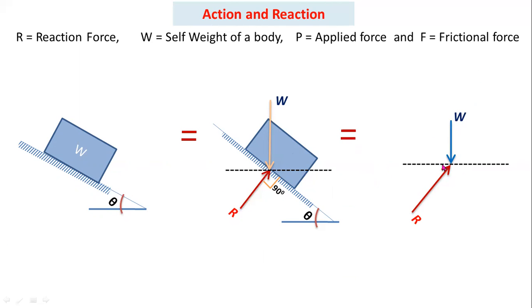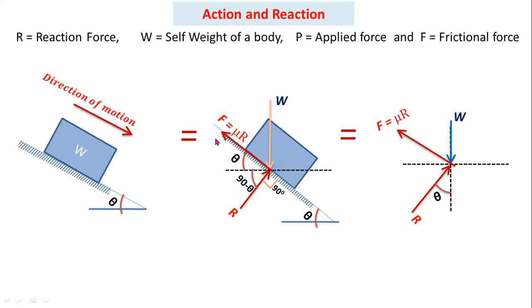This reaction force makes an angle theta with respect to the vertical. The reaction force always makes an angle theta with respect to the vertical. This theta is called the angle of repose. Now the direction of motion is downwards, then the frictional force is upwards.